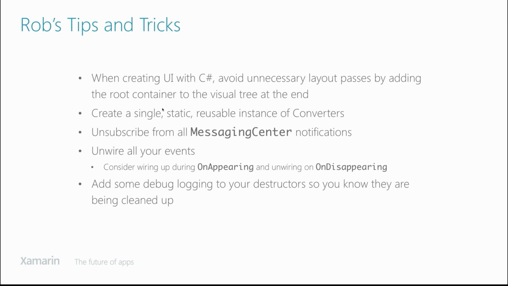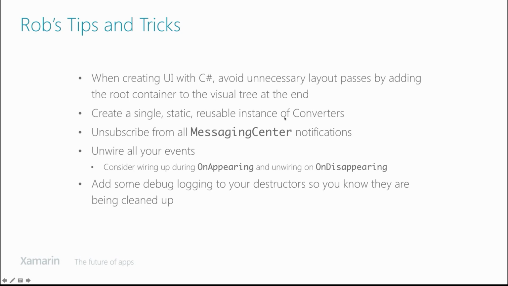Every time you add a child to an element that's already part of the visual tree, you're creating unnecessary layout passes and measurements and all this kind of stuff that has to happen every single time. So create your stack layout, add everything to the stack layout, add everything to the children in the stack layout, all its ancestors, all that kind of stuff down the road. And then at the very end, add your stack layout to the page, okay? The very end. That'll save you some headaches.